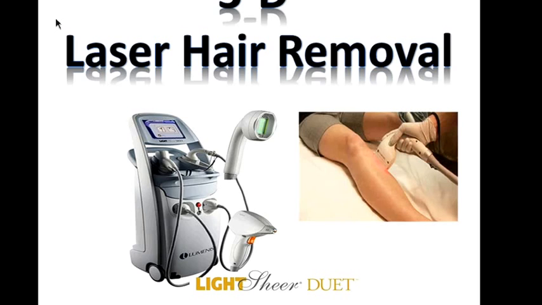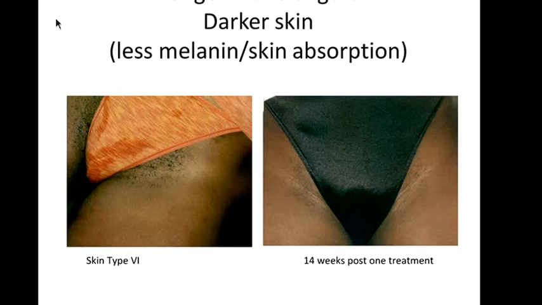This equates to underarms being done in less than 3 minutes. This equates to a back being done in less than 20 minutes. So not only speed, but comfort is going to be very key with our clients.